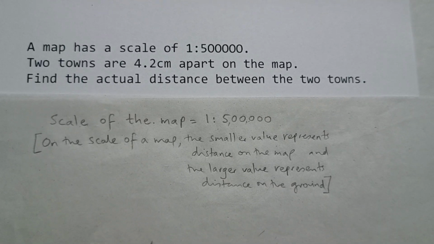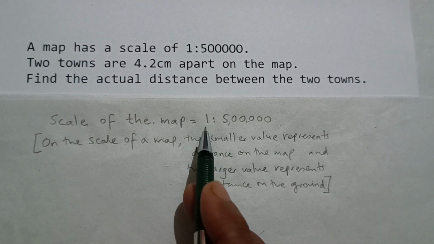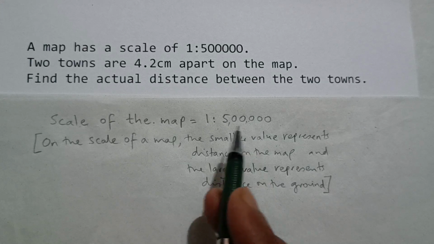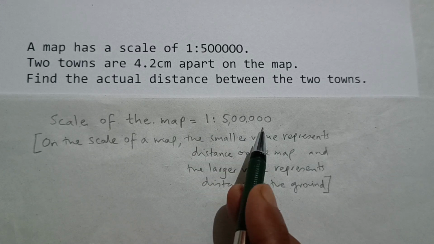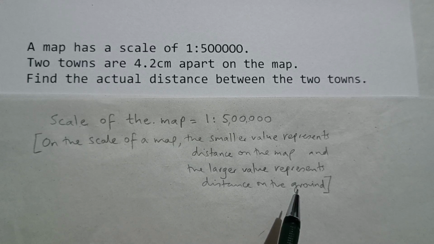So in our question, the smaller value is 1 and the larger value is 5 lakh. So 1 represents the distance on the map and 5 lakh represents the distance on the ground.